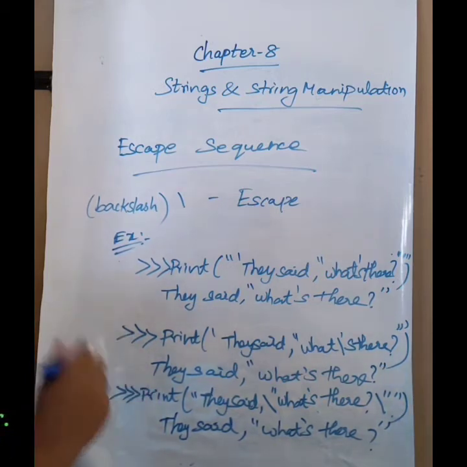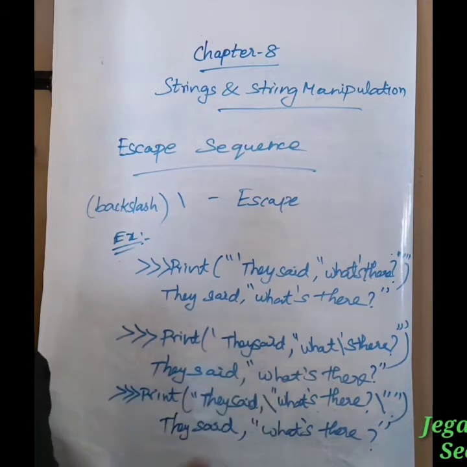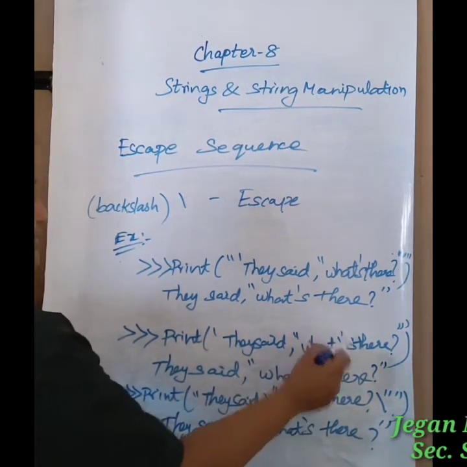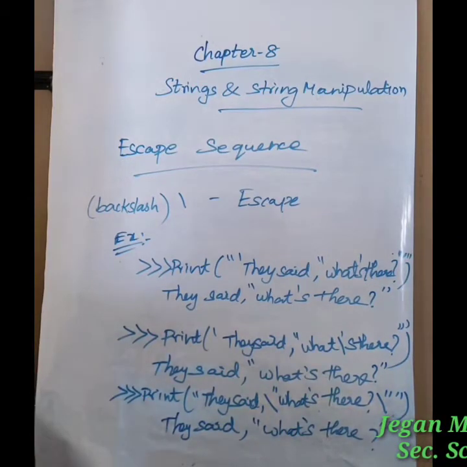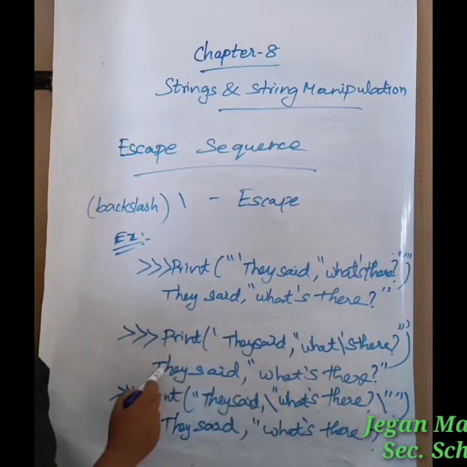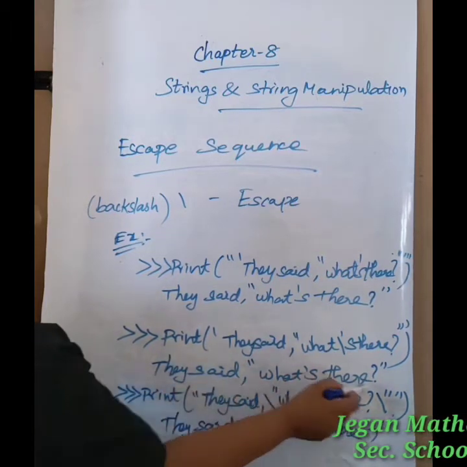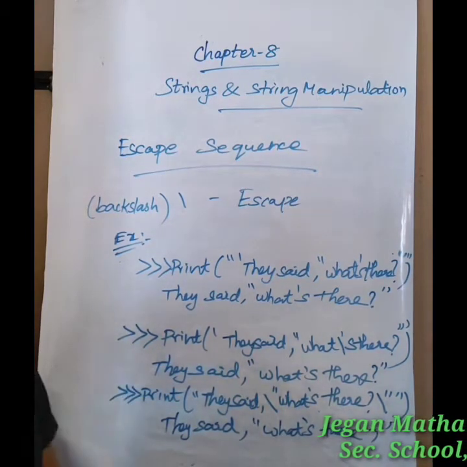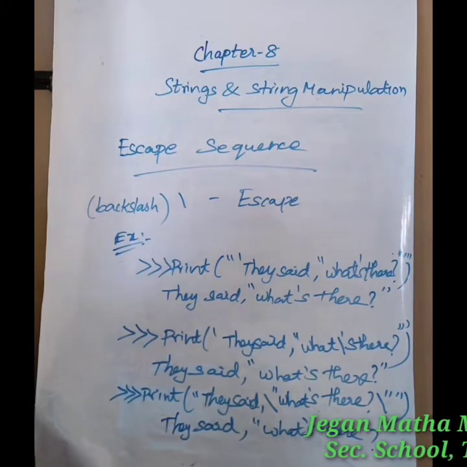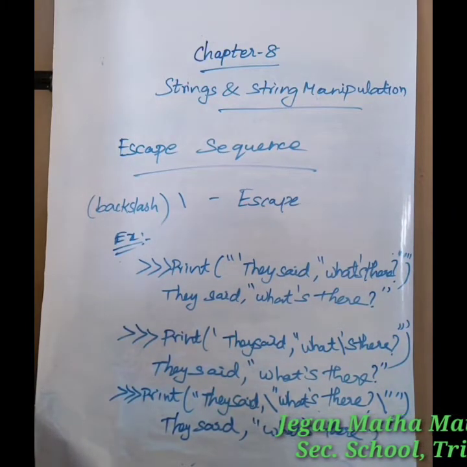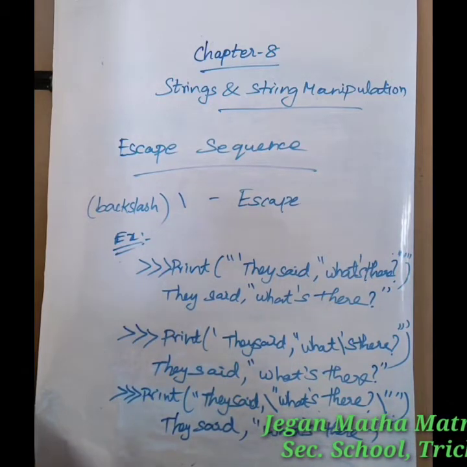So for that here they used escape sequence. Here they use single quotes and then backslash to escape the single quote. Now let us see the output of this program. They said what is that. And the next example is a string within double quotes to display a string with a single quote using escape sequence. So this is the example.